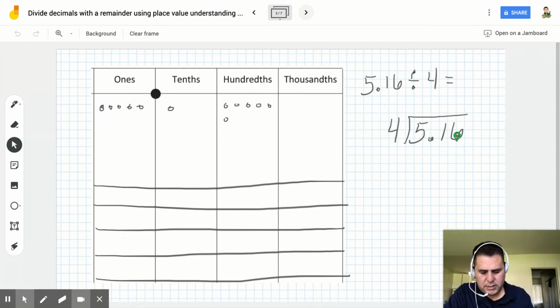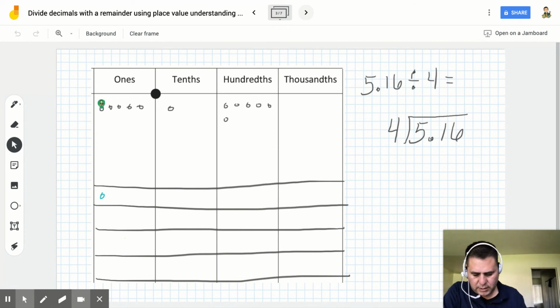Rewriting. I'm taking $5.16 and dividing them equally into 4 groups. Where do we start? We start using the greatest value, or that 5. Let's take those 5 and divide them equally into 4 groups.